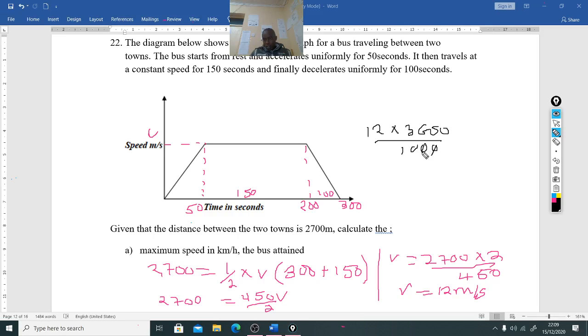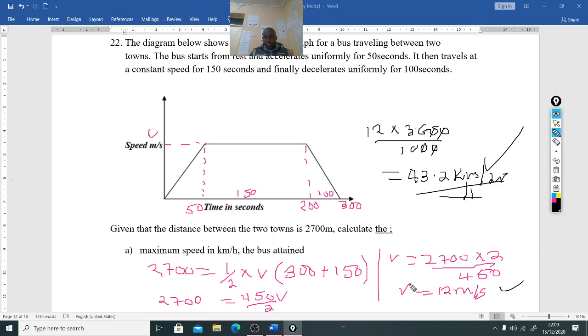So 3.6 times 12 gives you 43.2 kilometers per hour. So this is what we are asked to find, the kilometers per hour.